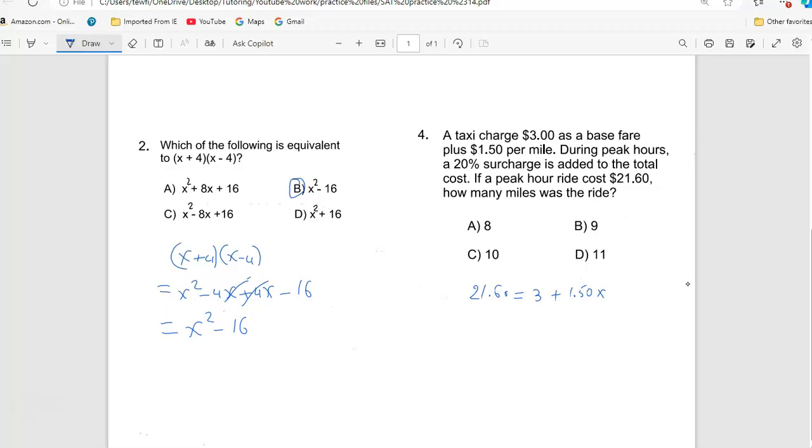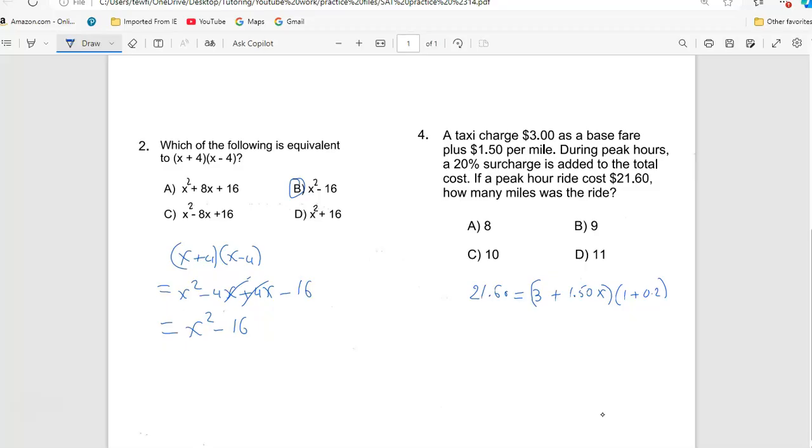But besides that, there is a 20% surcharge for the peak hours. So this total, the whole thing here, you multiply by 20%. So it will be this plus this amount times 20%. So if you use one step, it will be this amount multiplied by 1 plus 20%, which is 0.2.